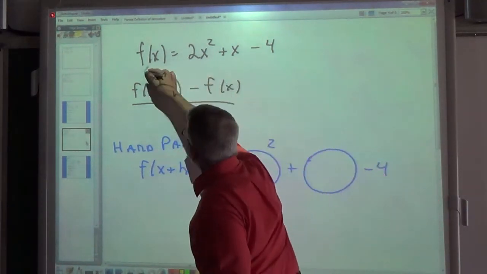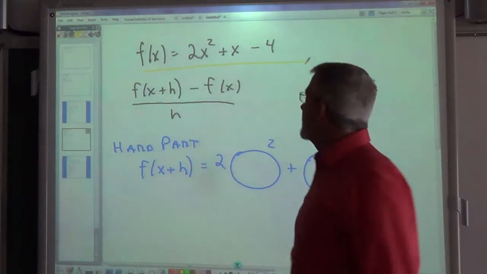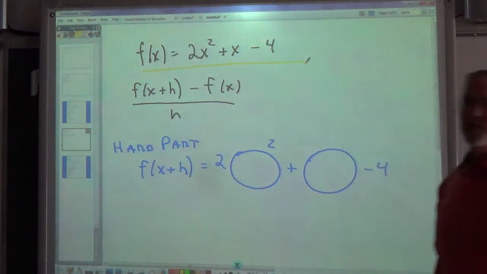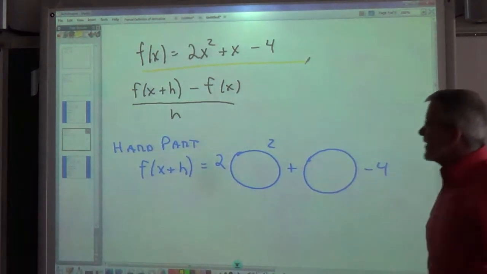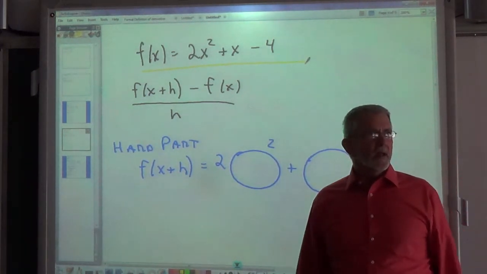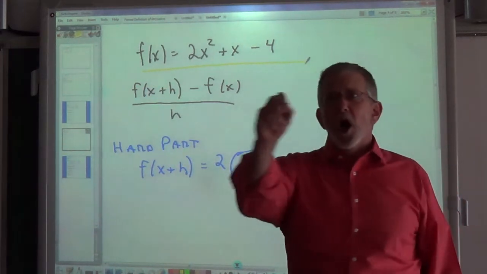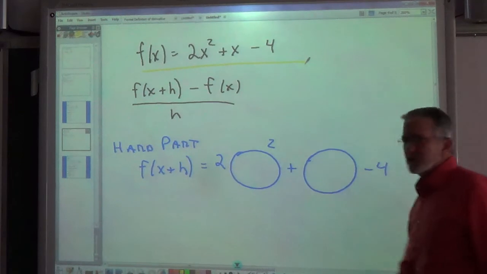Well, let's just consider this quadratic function f of x, 2x squared plus x minus 4, and let's simplify this difference quotient, f of x plus h minus f of x over h. What's the hard part? And you can label it on your paper. The hard part is finding f of x plus h.